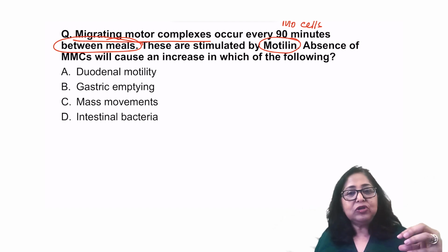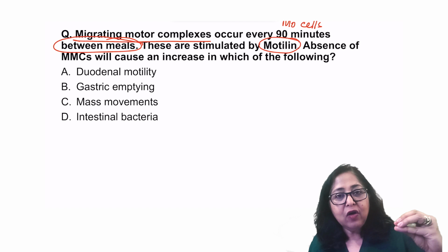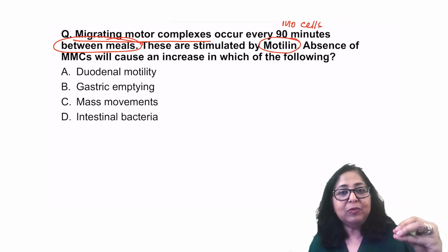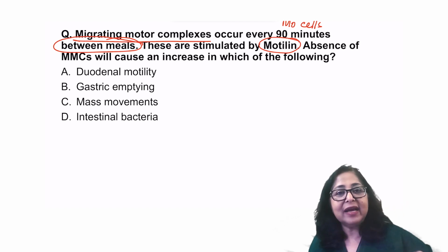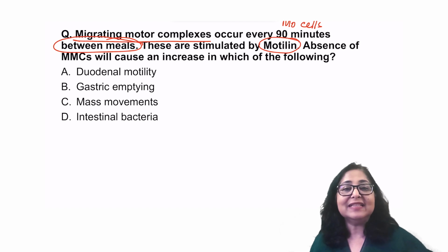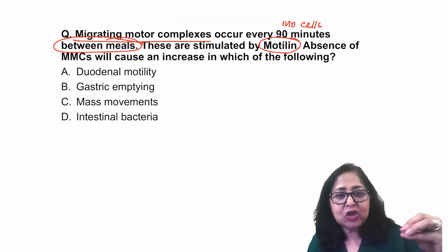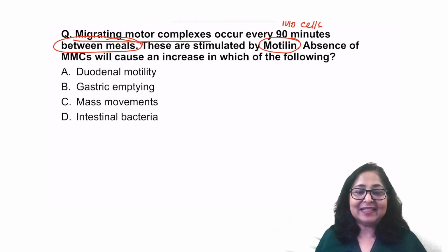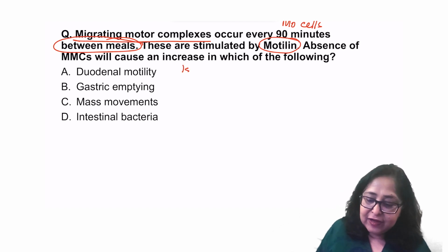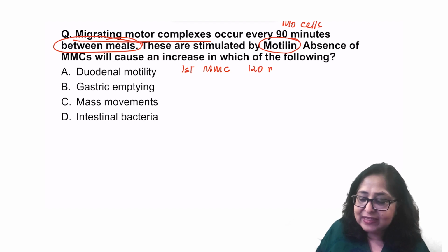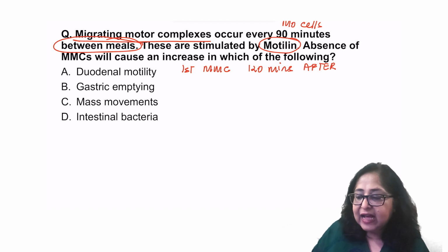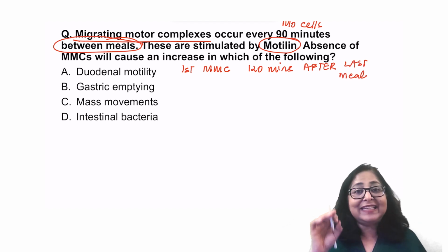What is a migrating motor complex? It starts as a ring of contraction from the body of stomach and it reaches right up to the distal ileum. So it's like a squeezing movement of the gut. The first migrating motor complex is at least 120 minutes after the last meal, and after that it occurs in cycles of 90 minutes till you have your food.